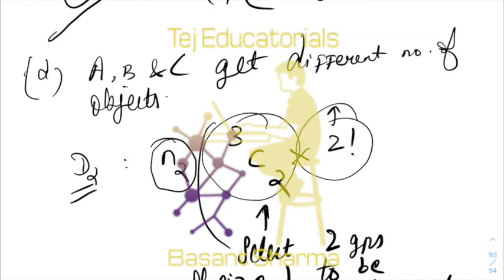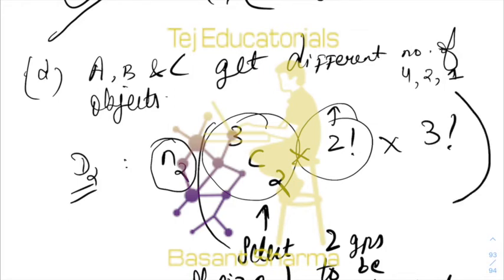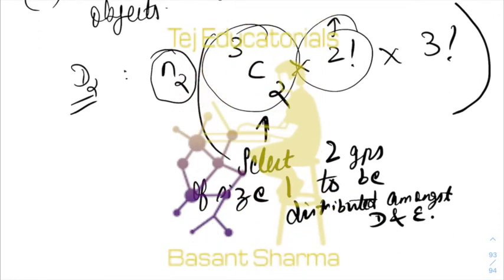Now the remaining groups will be left. The remaining groups that are left are a group of size 4, 2 and one group of size 1. That you can permute amongst A, B and C in 3 factorial ways. So what we are doing is n2 ways of grouping.